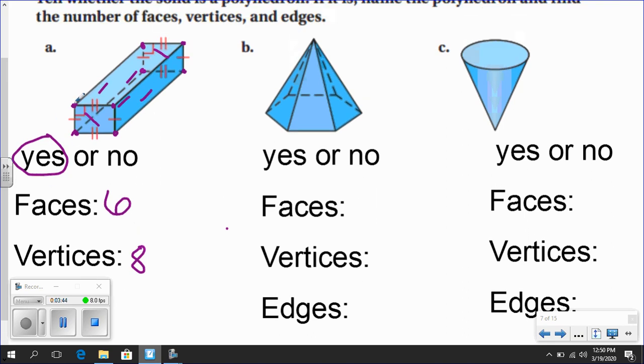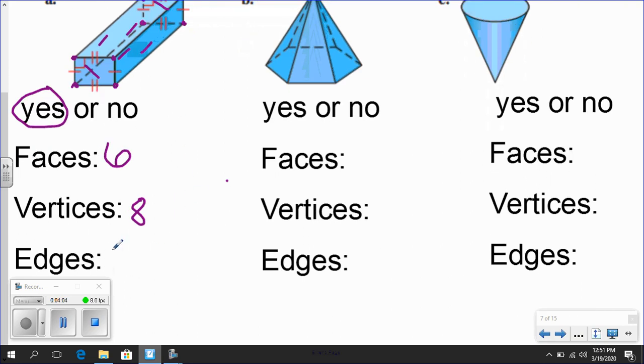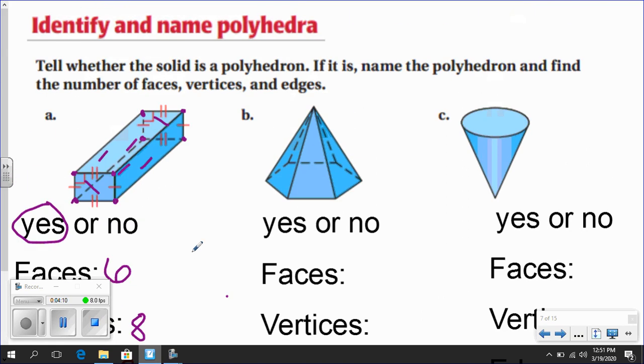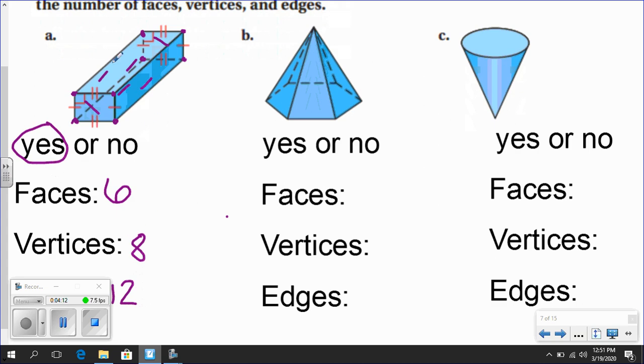So we have 1 here, so that's 1, 2, 3, 4, and then don't forget about these rectangles. 5, 6, 7, 8, and the back one, 9, 10, 11, and 12. So that is 12. And I forgot to name this polyhedron. This is a rectangular prism.